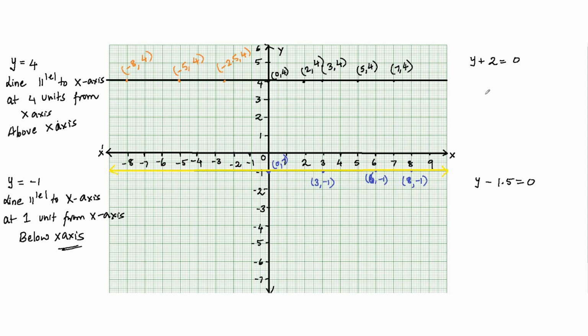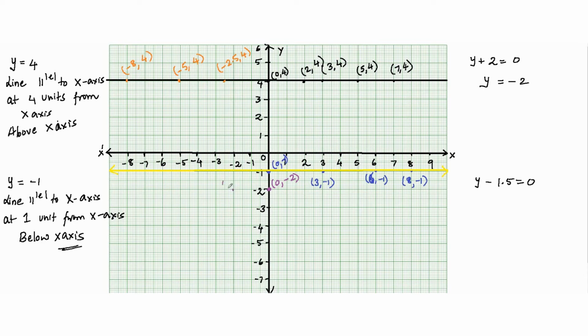Now let us plot the line, say y plus 2 is equal to 0. So when y plus 2 is equal to 0, I can say that y is equal to -2. So now we need to find all those points whose y coordinate is -2. Pick this particular point. This particular point has coordinates 0, -2.